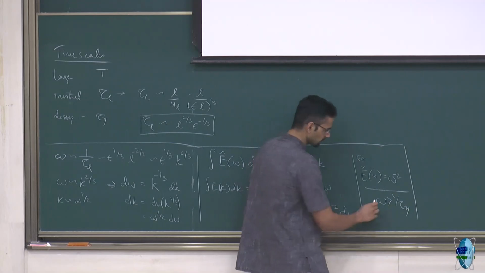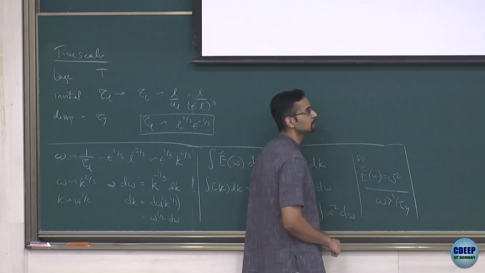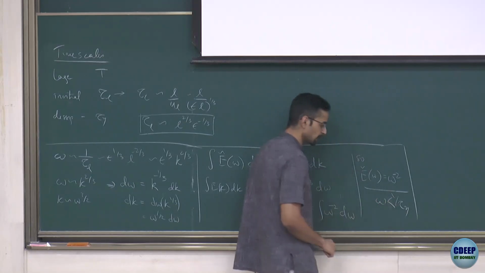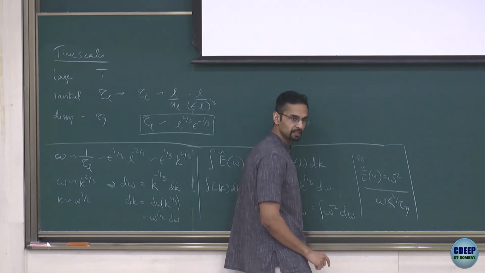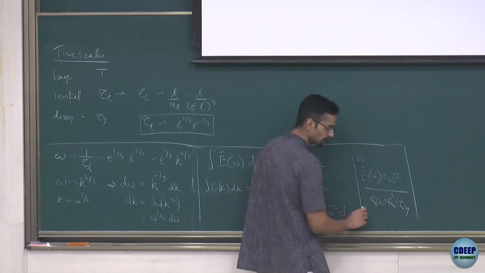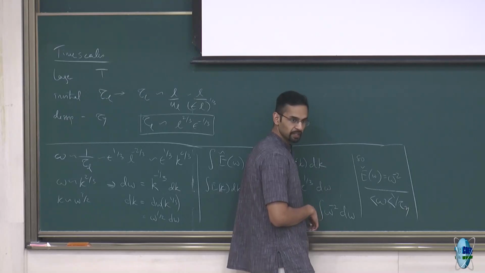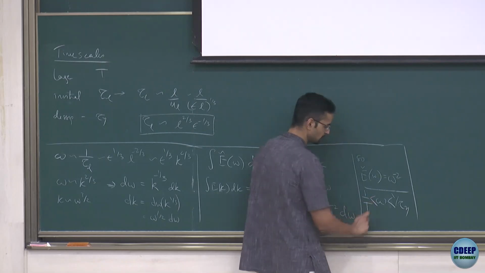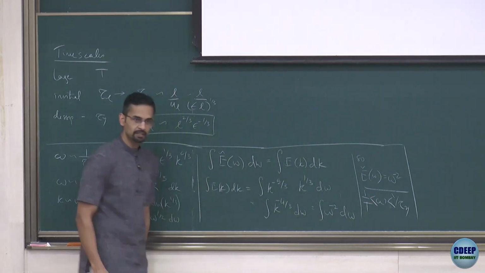Sorry, the other way around. Large omega means small time scale. But omega should be greater than the smallest omegas, which correspond to the largest time, so 1 by T. So that is again the inertial range of things.